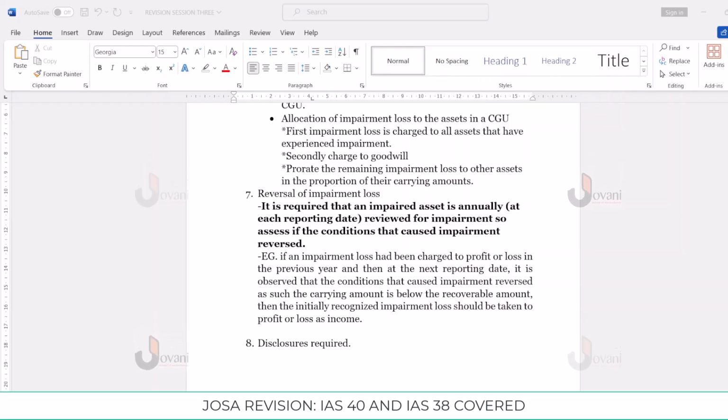Now, Michael, do you know the difference between IFRS and GAAP? What is the difference? Standards are specific, while GAAP is general. Now you're reversing it. With IFRS, we are principle based.